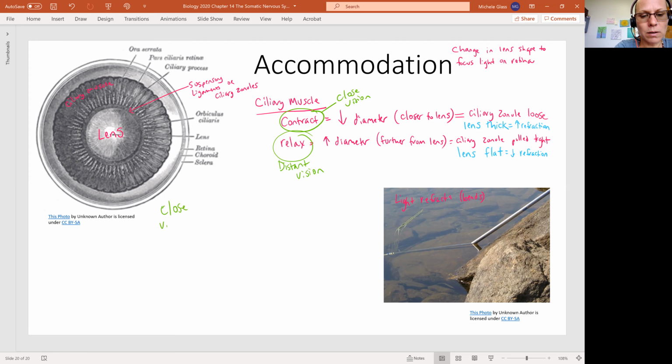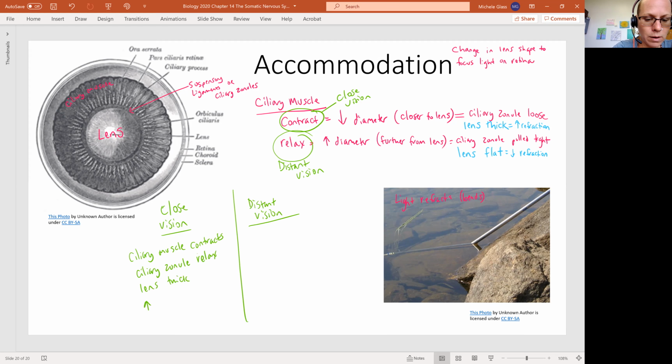All right, so let me just rewrite that down here, just kind of recap. Close vision on one side, and then distant vision on the other. When you have close vision, your ciliary muscle contracts. Your ciliary zonule is relaxed. Your lens is thick.